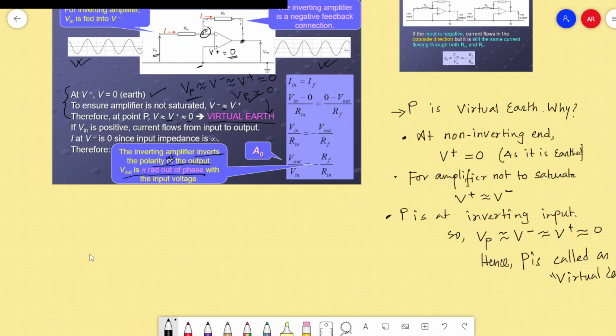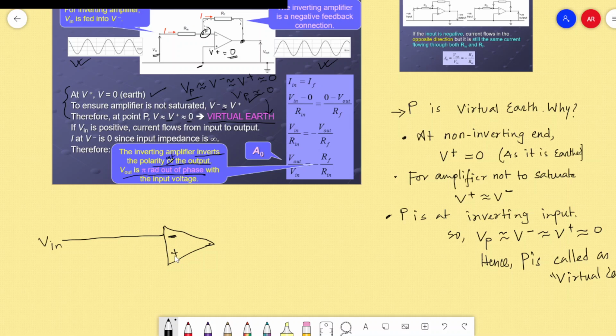One we call resistance input and the other is resistance through feedback. This is the input voltage which is supplied to the inverting end of the amplifier. This is the inverting end.